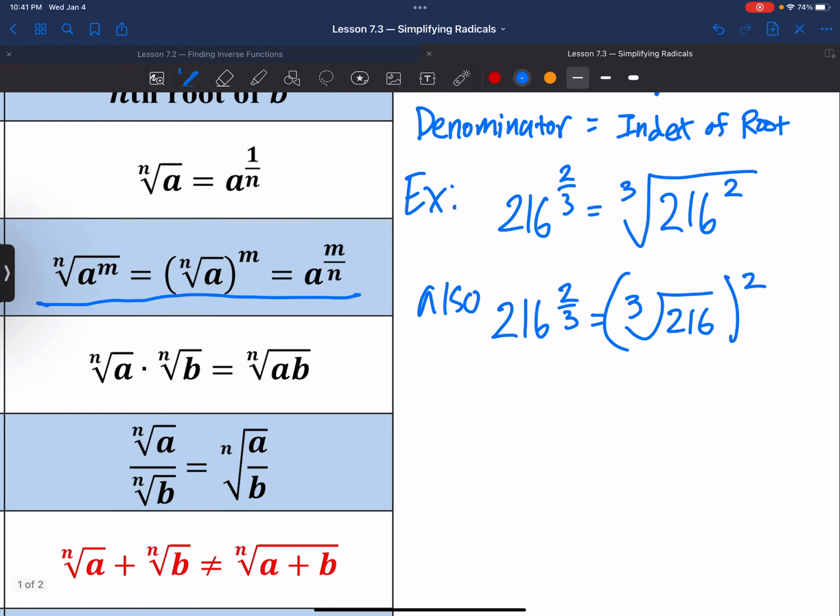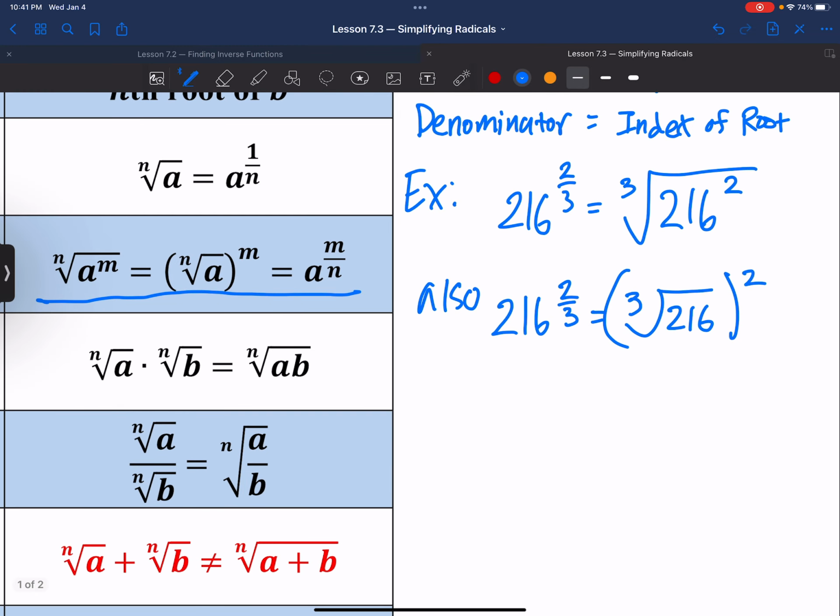But it's much easier to analyze this as the cube root of 216, which is 6. Hopefully you should know that, by the way. Cube root of 216 is 6. And then 6 squared equals 36. Okay? So this rule can be very useful when simplifying some of these numbers, because I don't want to write it as 216 to the power of 2/3.